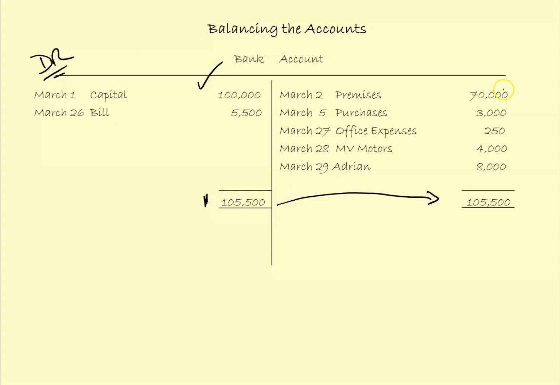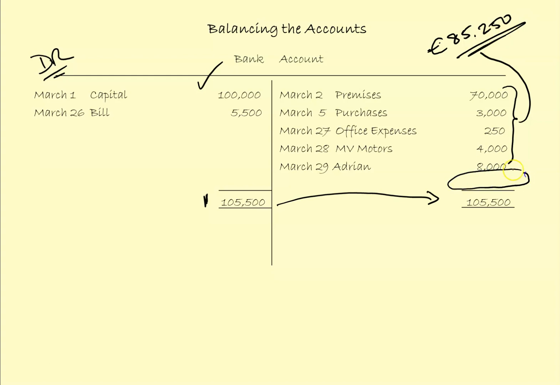Now this side here doesn't add up to 105,500. In fact, if you check it, it adds up to 85,250. So I need to put in the balancing figure here that will make this side add up to 105,500.